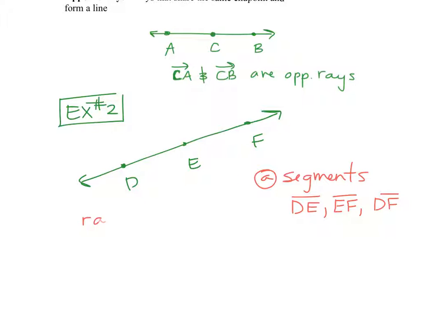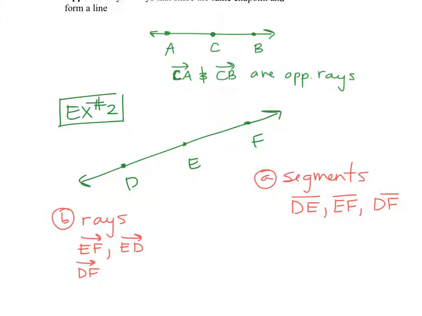Can you name the rays that you see? What rays do you see? There's ray EF, ray ED. See another one? DF. Okay, now here's the deal. DF is the same ray as what other ray?